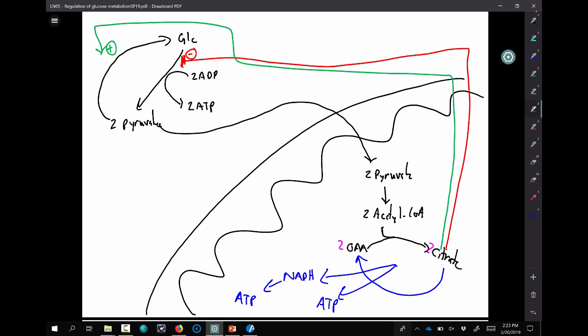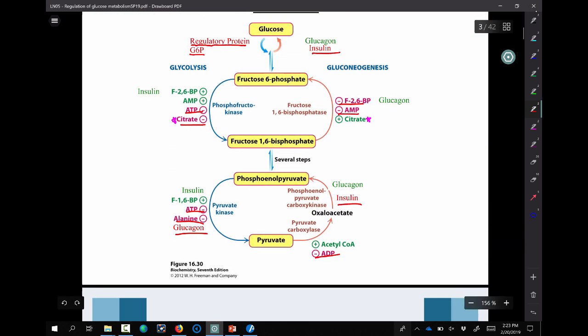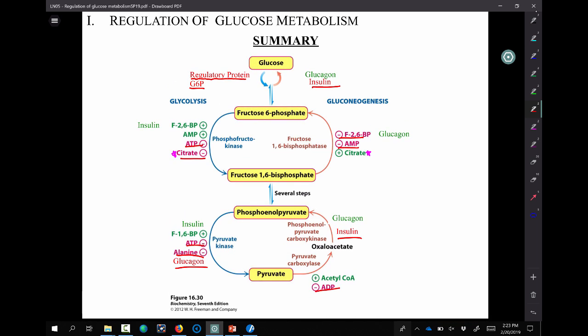Of course, high citrate levels can also be an indication, in particular in the liver cell, to go ahead and take some of that pyruvate instead of making fat from it, because we've got plenty of resources to make fat. Let's make some more glucose out of it. All right, so that's the type of logic that we will see, and that's the type of thing that we will talk about in this. And this is just one example of this.